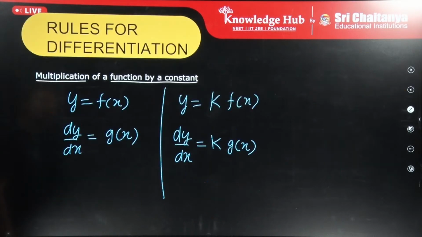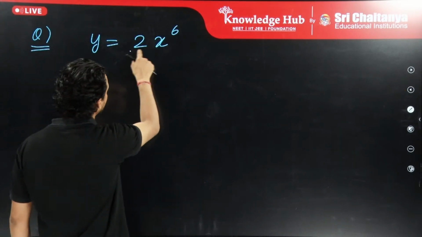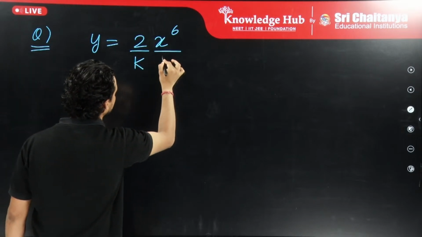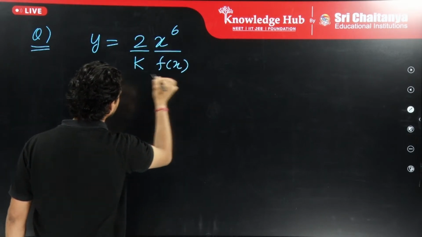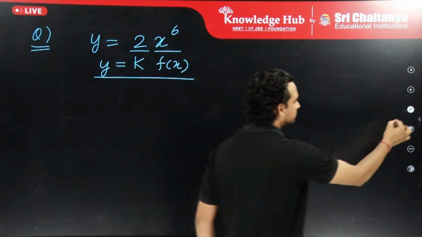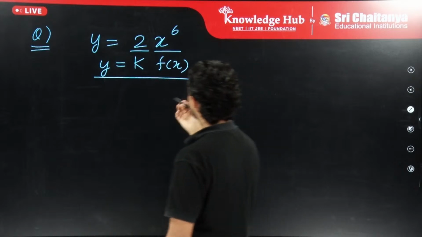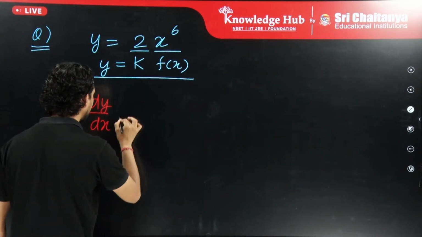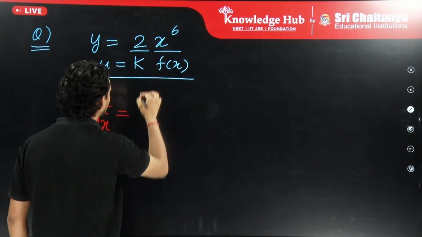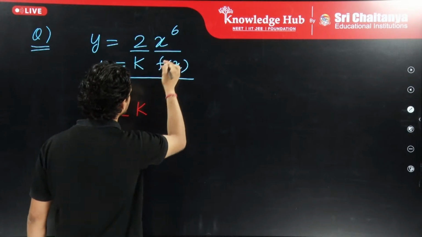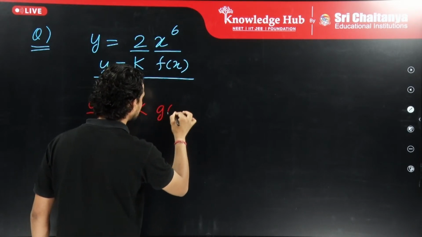Here I have a constant multiplied with my function. This is basically k and this is some f of x, so y equals k f of x. We keep the k as it is, so dy by dx equals k as it is times the differentiation of f of x.